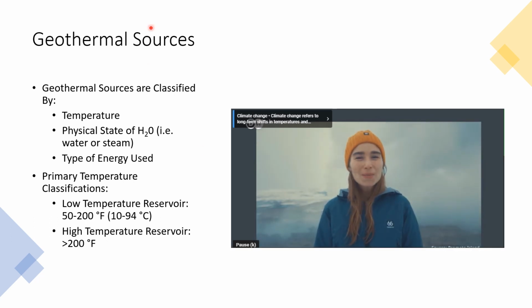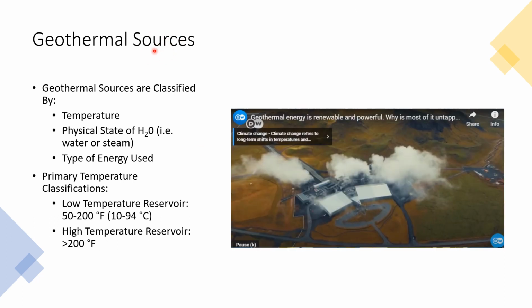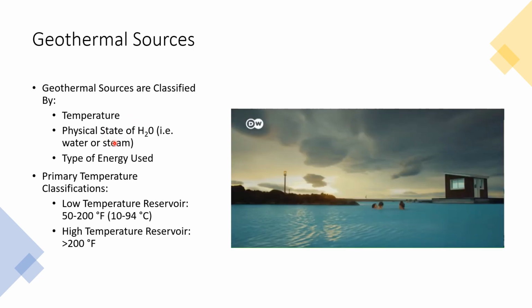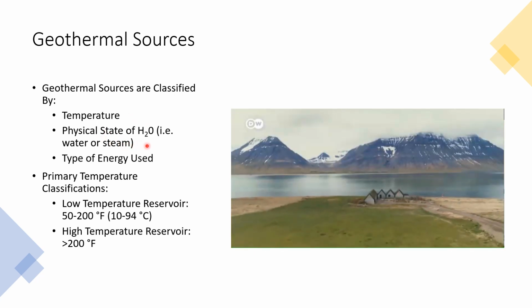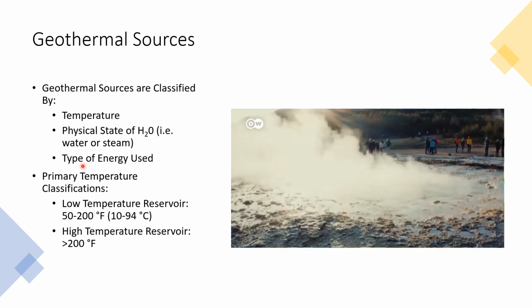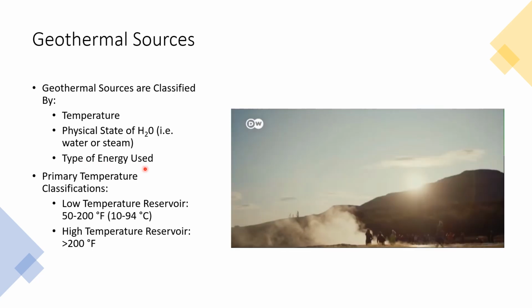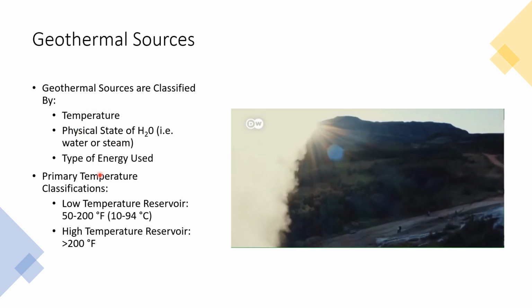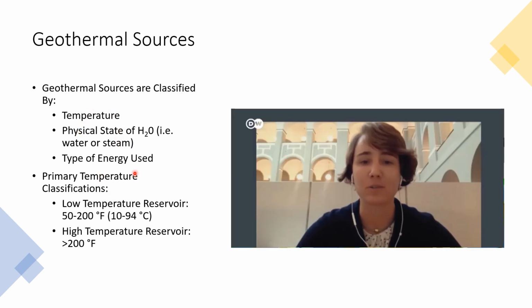Okay, so geothermal sources, this can be resources, the same thing. We have temperature, we have physical state of water, because usually water or steam is coming out from the earth, and the type of energy used. So we have three things that we consider for geothermal sources: temperature, physical state, is it steam or is it water, and type of energy used.